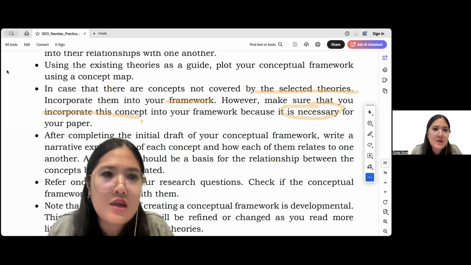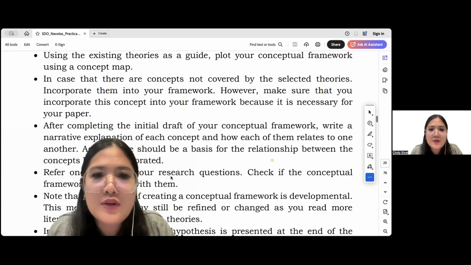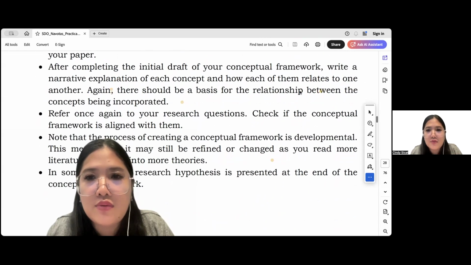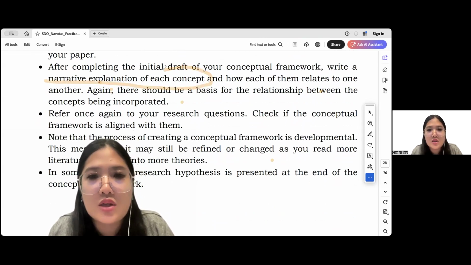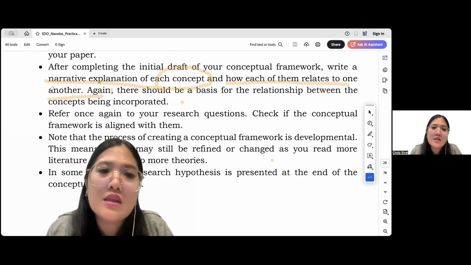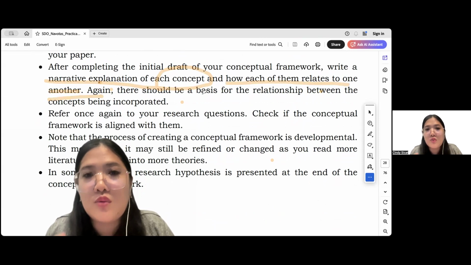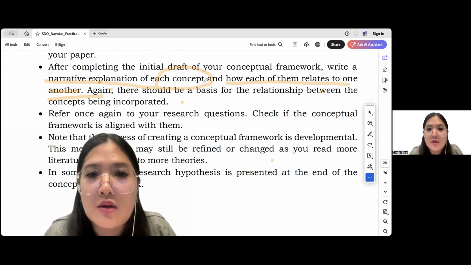As we navigate through our framework, we also have to consider that after completing the initial draft of our conceptual framework, we have to write a narrative explanation of each concept and how each of these relates to one another. It's not enough that we have the visual representation. We have to ensure that our readers would understand what this illustration is all about.